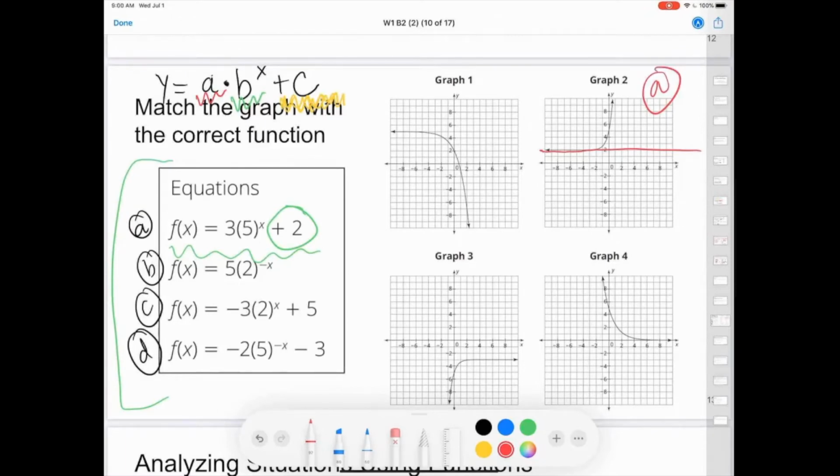Using horizontal asymptotes, see if you can match B, C, and D. Don't type it into the chat yet, but just use your horizontal asymptote to see if you can match the rest of the graphs to the equations. You could start typing it in, but don't press enter yet.